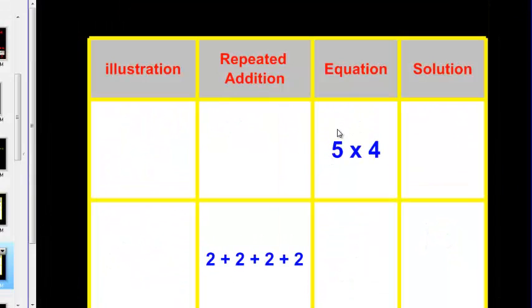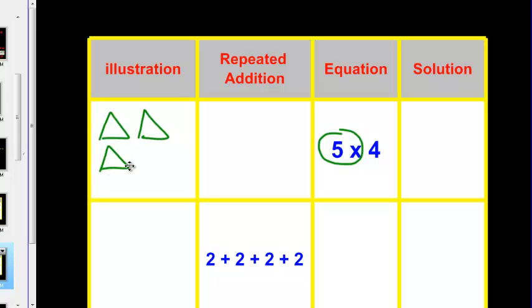Here we have two more. Let's just do these ones here before moving on. We have 5 times 4, and I'm going to have to work backwards and draw a picture first. I need 5 groups. So I'm going to make 5 groups. I'm going to make triangles this time. 1, 2, 3, 4, and 5. And I need 4 inside of each one. Now look, I'm going to go a little bit faster with this.